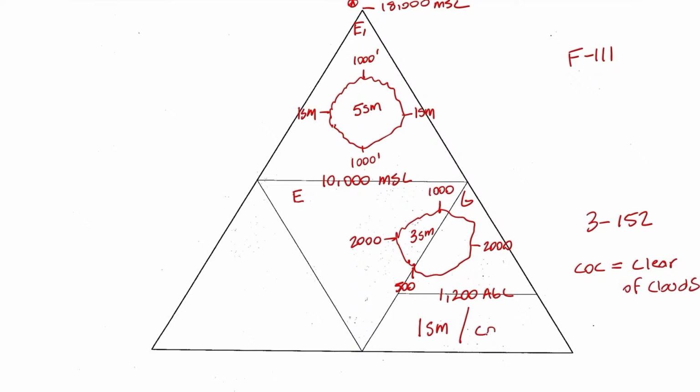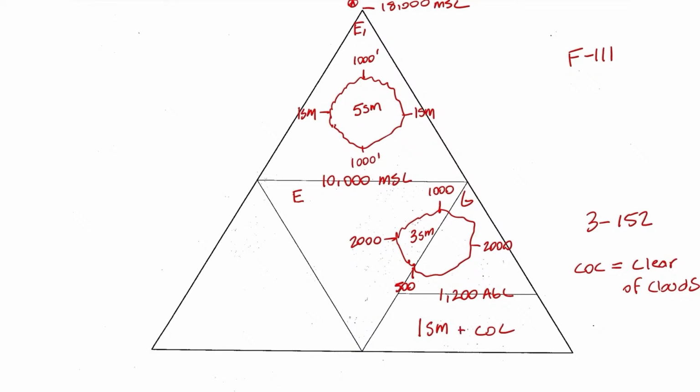Okay. So 1 statute mile clear of clouds. And clear of clouds means that you can get as close as you want to a cloud as long as no part of the aircraft actually goes in it. So if you want to be like 2 inches away from a cloud and you can maintain that distance, then that's perfectly acceptable. Okay. The 1 statute mile of visibility and clear of clouds. That's the requirement.